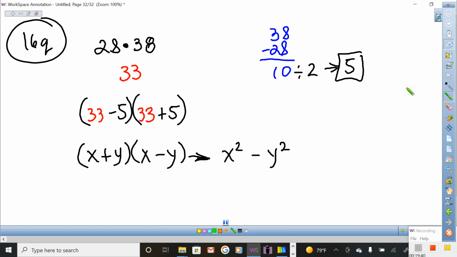But in this case, instead of x, what do we use? Yes. And instead of y, we use what? 5. Therefore, 33 squared minus 5 squared.